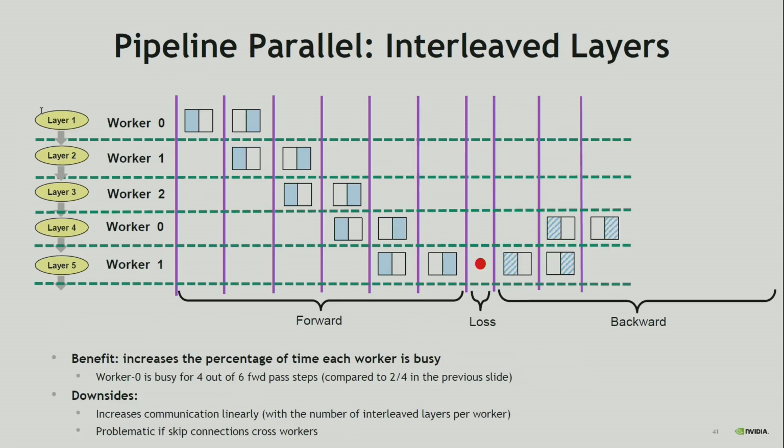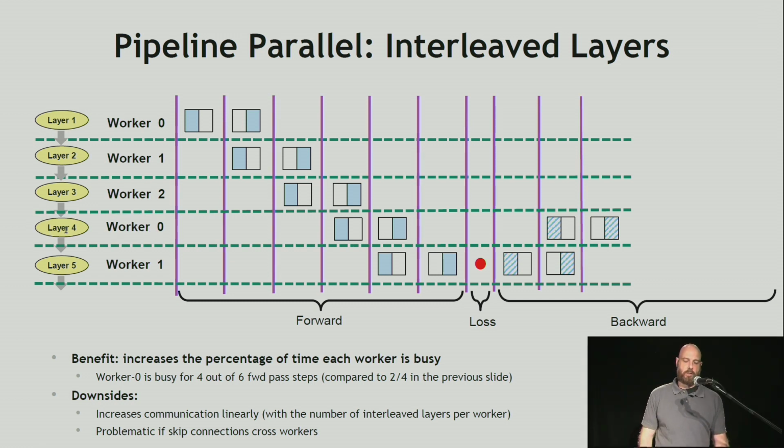If we take the alternative approach, where each worker still gets the same number of layers, but they're no longer contiguous. So in this case, worker 0 gets layer 1, and if we look down, worker 0 also gets layer 4. And again, worker 1 also gets 2 layers in this fashion, but they're no longer layers that appear in sequence. We actually utilize the pipeline more efficiently.